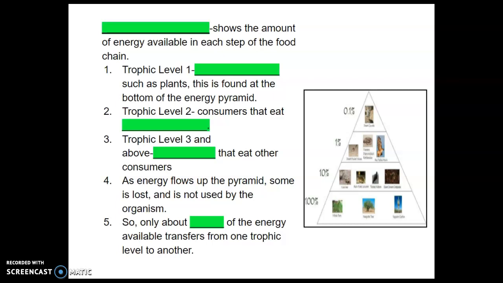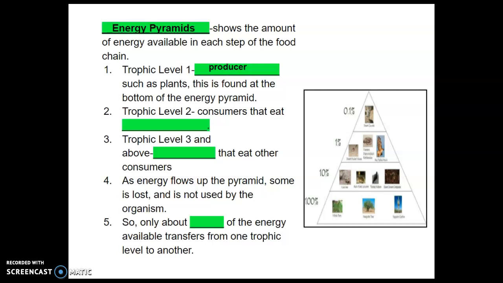So the first blank says blank shows the amount of energy available at each step of a food chain. The answer to that is an energy pyramid. Energy pyramids show the amount of energy available at each step of a food chain. Number one, trophic level 1: producers such as plants.